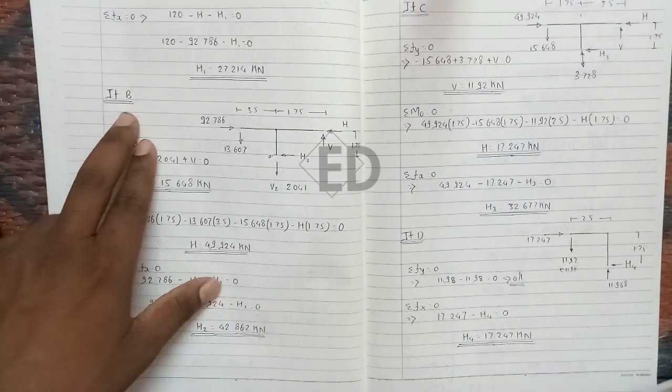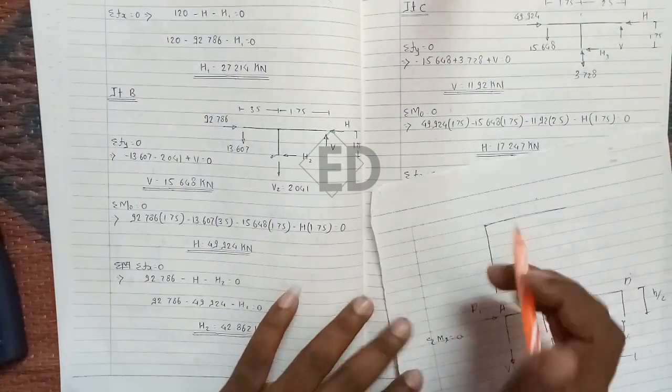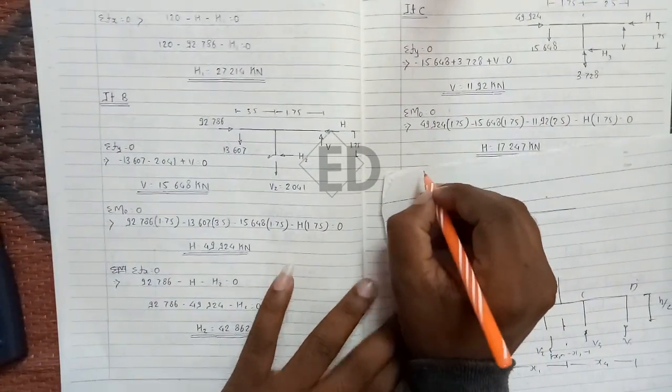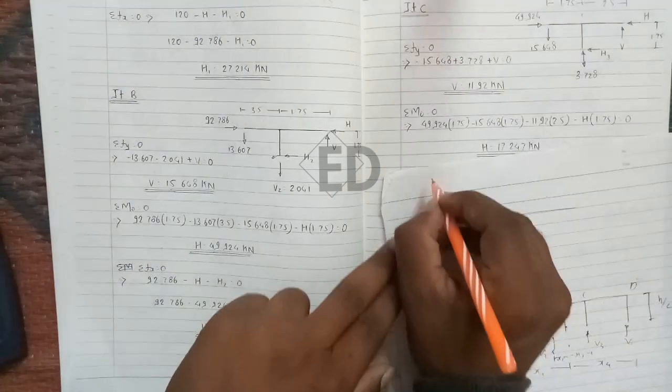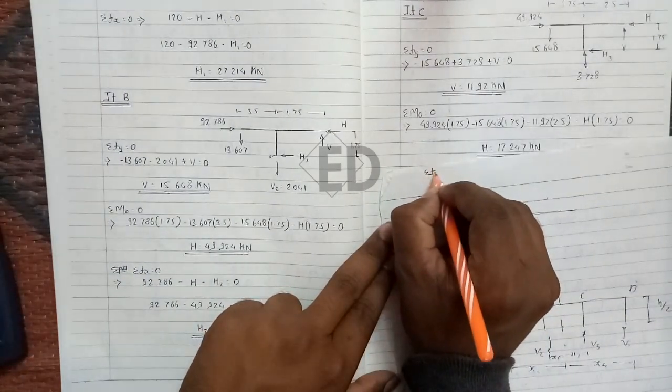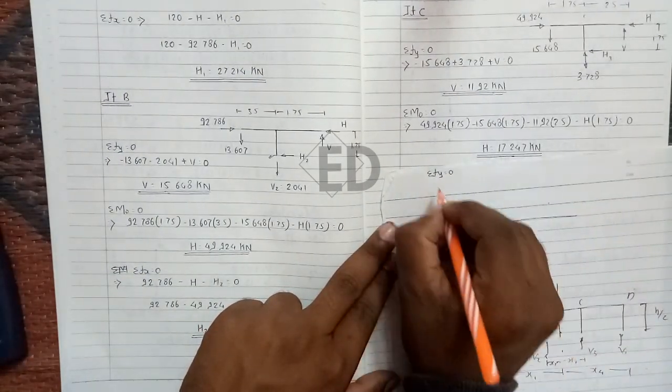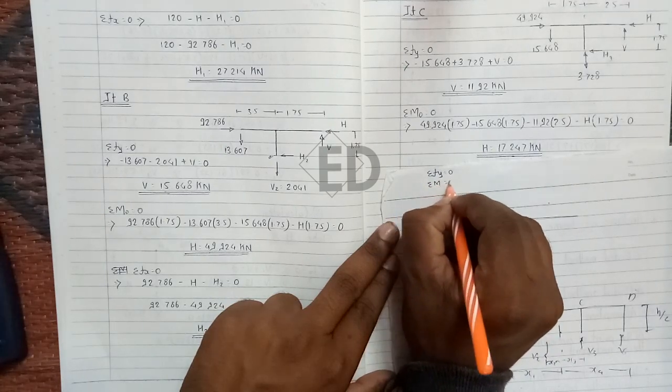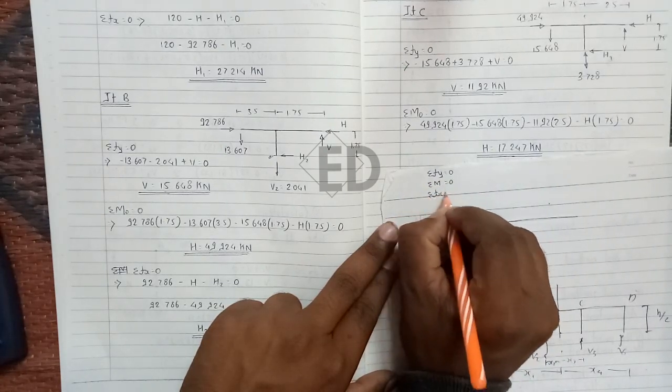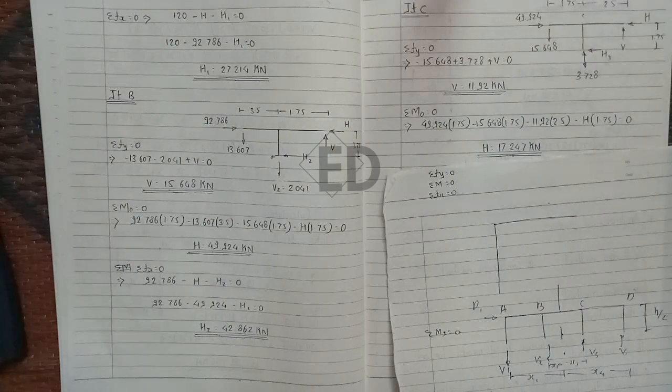The same procedure is applied for joint B. Same procedure, just remember that we have to take only three operations, that is first summation of Fy equals 0, summation of moment equals 0 and the summation of Fx equals 0.